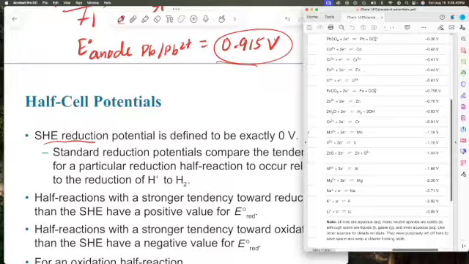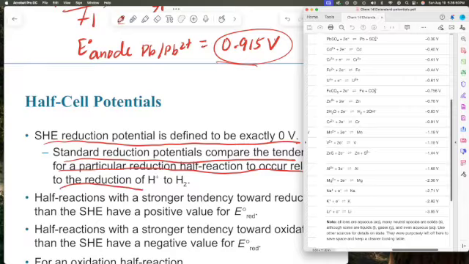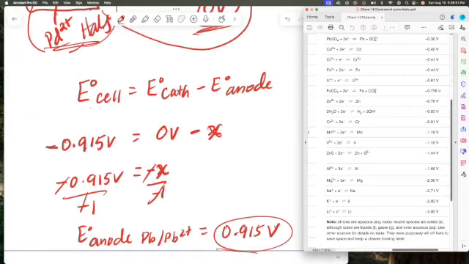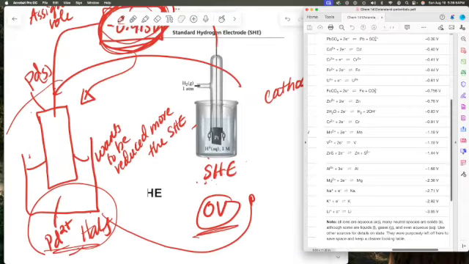The standard reduction potential of hydrogen is defined to be exactly 0. Therefore, standard reduction potentials compare the tendency for a particular reduction half reaction to occur relative to hydrogen, right? If this chemical here wants to be reduced more than hydrogen and you place it in the oxidizing position, you will get a negative result, right?